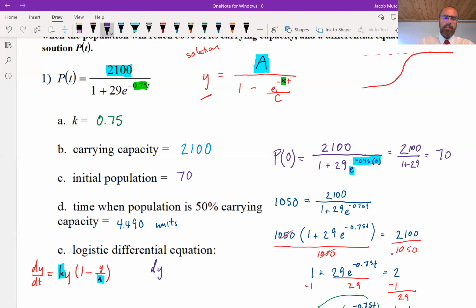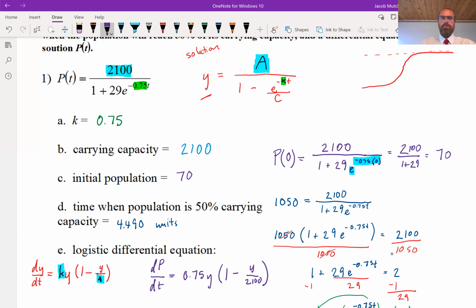So let's just fill in here. So I've got dy dt, and in fact, since we're dealing with this variable p for population, I'm going to call it dp dt equals, so my k value, that we found in our first tasks, is going to be 0.75 y times parentheses 1 minus y divided by my carrying capacity 2,100.